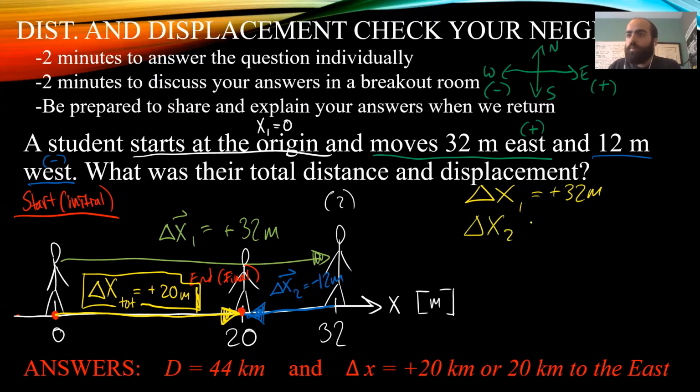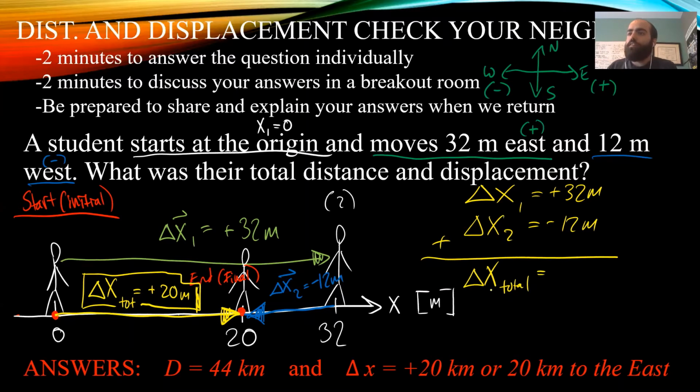And the second displacement was negative 12 meters. And if I want to know the total displacement, then I'm just going to be finding what I get when I add up all of the individual displacements. So my total is what I get when I add all of these displacements up.